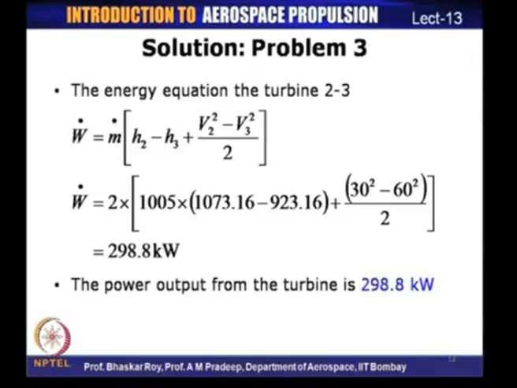Now, the third component that we have to solve for is the nozzle, and the nozzle again is a steady flow component. We shall again apply the steady flow energy equation for the nozzle as well. And for a nozzle, we know that there is no work done by the nozzle, and also the heat transfer across the nozzle boundaries can be neglected.